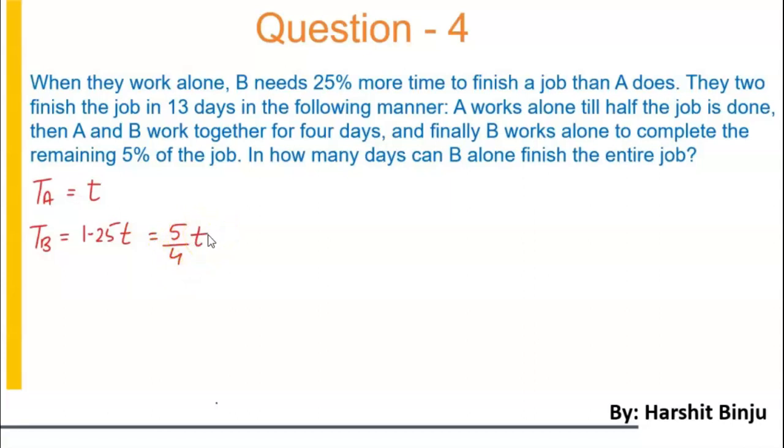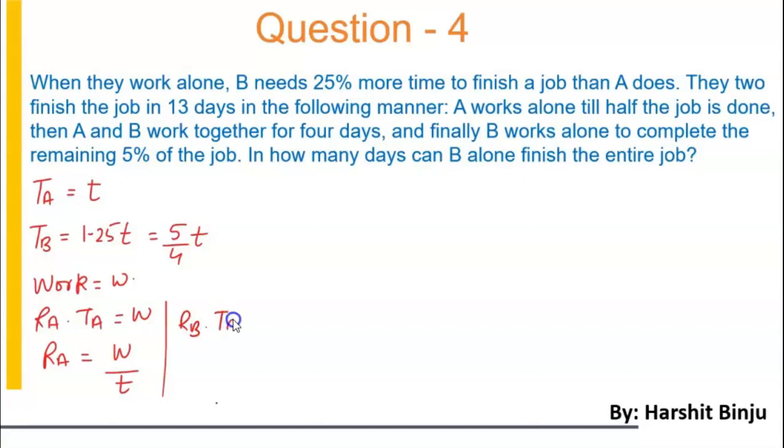Now, since they're doing the same work, let's also consider the work to be W. So rate of A into time taken by A is W, which means rate of A is simply W divided by T. And on the same basis, I can also say that rate of B into time taken by B is W, which means rate of B will be equal to W divided by 5T by 4, which is also equal to 4W by 5T.